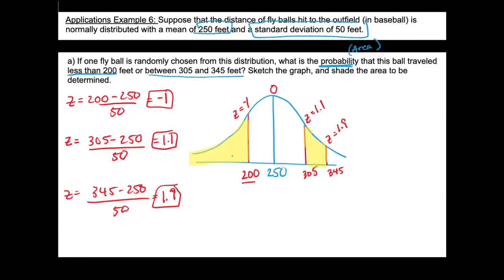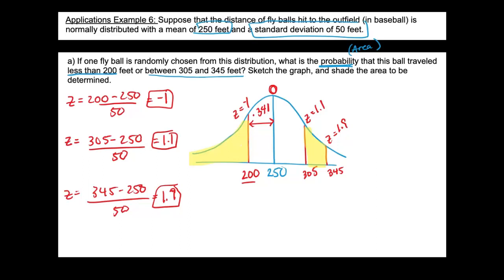So remember that the z-scores that the chart gives us are always between 0 and the z-score. So the area that was associated for -1, which is the same thing as the z-value of 1, is 0.341. Okay?